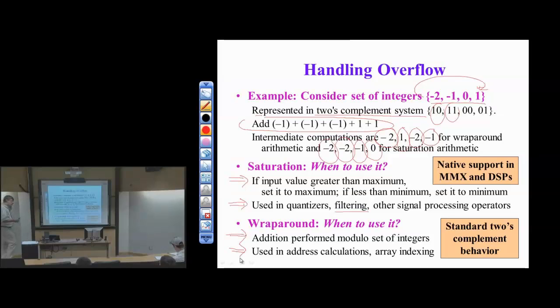There are other cases you might use it in simple operations, perhaps hashing or something. Lots of ways you can use the 2's complement wraparound. But for signal processing, we tend to prefer saturation if we can do it. And a lot of general purpose processors, even going back to the mid-90s with MMX, have support for this saturation. So you can find it not just on embedded, standalone processors.